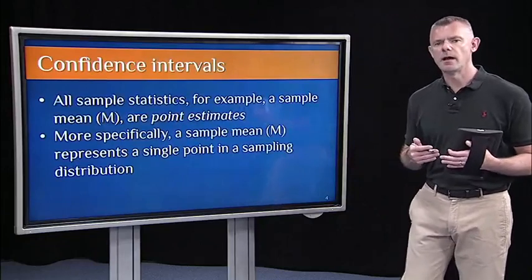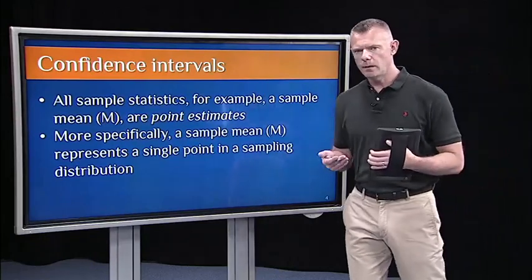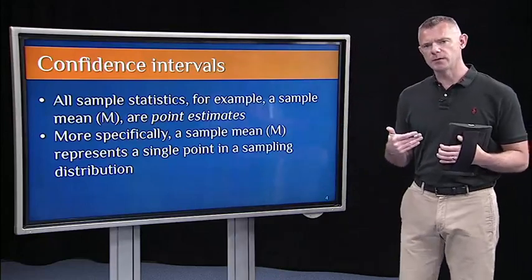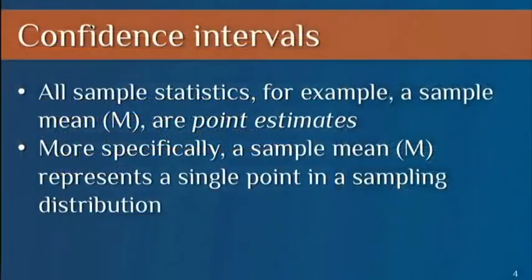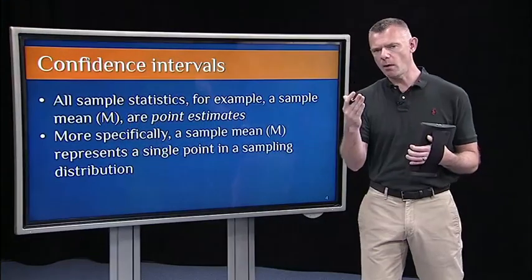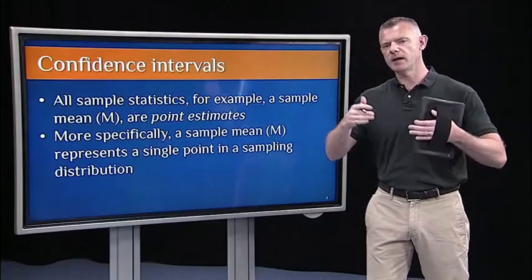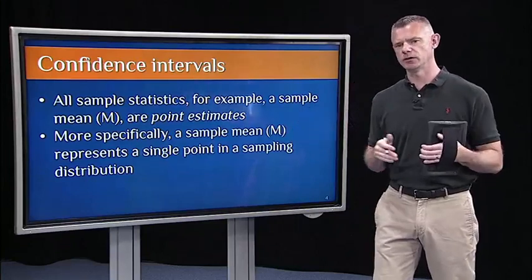Now, what do I mean by a confidence interval? Well, remember that all sample statistics, be it a mean, a correlation, a regression coefficient, whatever sample statistic we take, are simply what statisticians would call point estimates. That is, they're just one point in an entire possible sampling distribution.